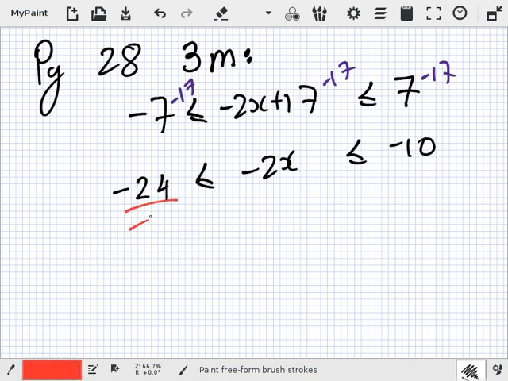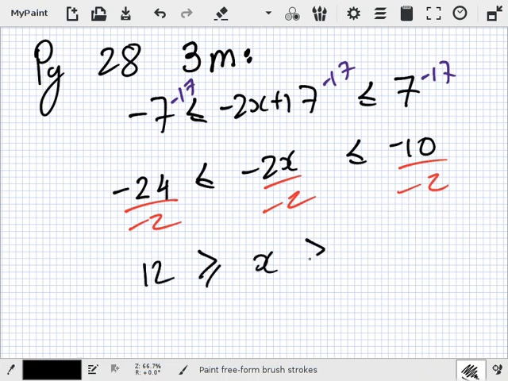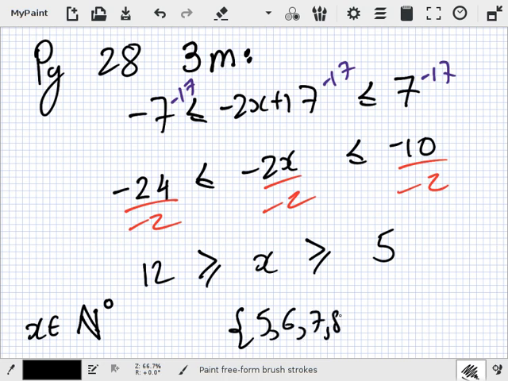Divide by minus 2. So now I get 12, x, and 5. But what do I also tell you? I tell you x is a natural number. So what are the natural numbers between 5 and 12? 5, 6, 7, 8, 9, 10, 11, 12 is the answer.